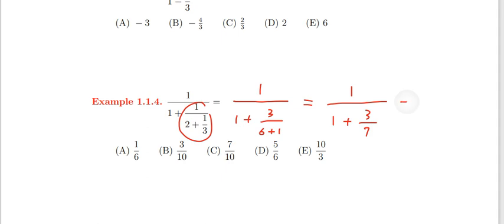Okay, so we don't like 7, so we just need to multiply by 7. Here multiply 7, here multiply 7. So with this, the number equals 7/10, right?